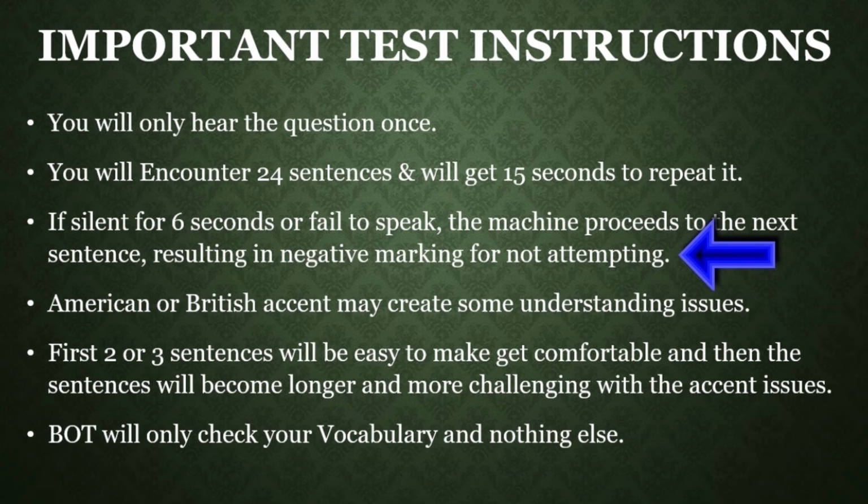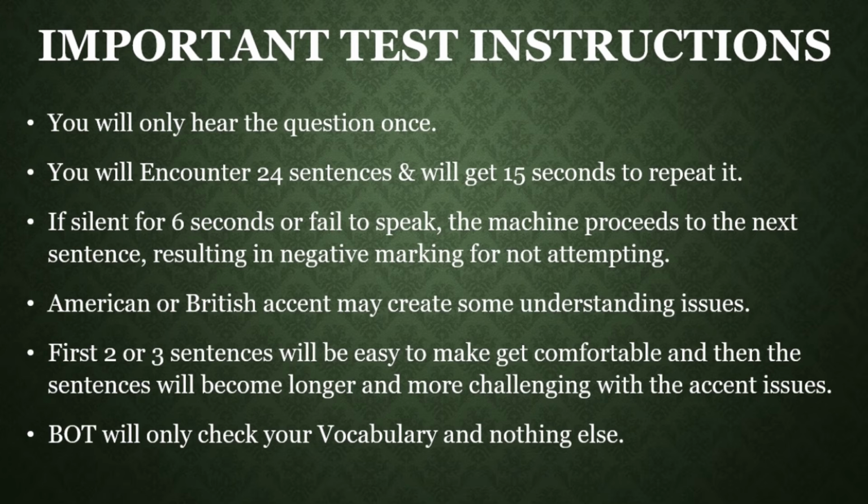If you will remain silent for 6 seconds or fail to speak at all, the machine will proceed to the next sentence automatically and you will get a negative marking for not attempting the sentence. जैसे last section में हुआ था, first 2 or 3 sentences will be very easy, which you can easily understand and answer without any problems. However, as you will move on, the sentences will become longer and more challenging.